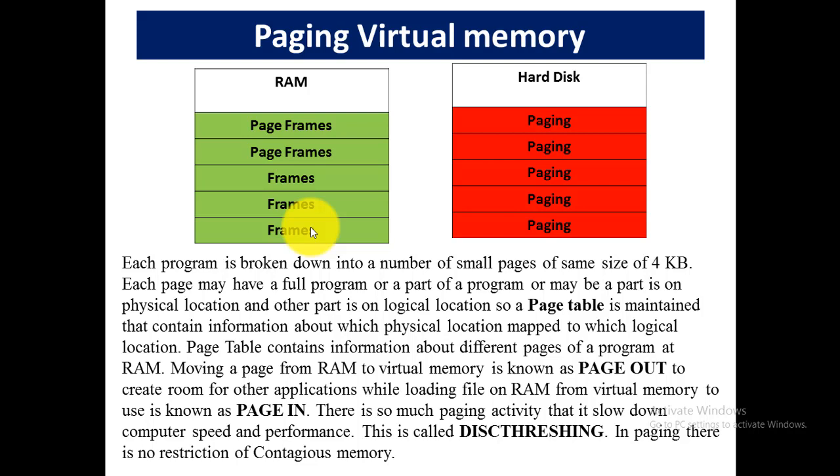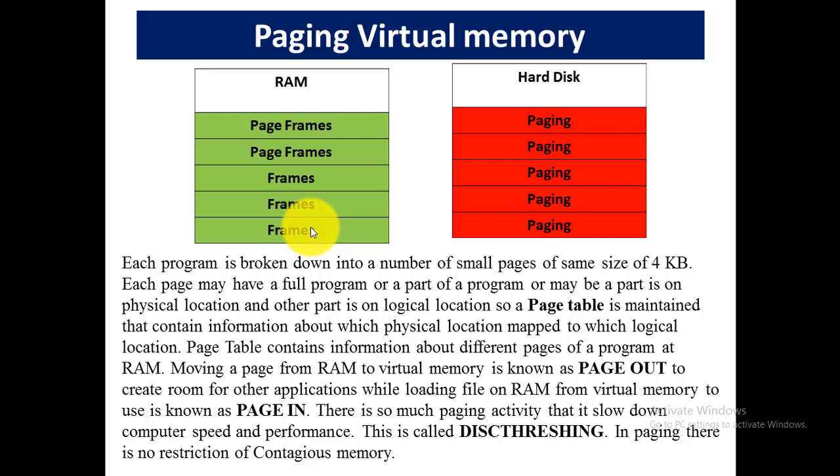on the hard disk. So moving a page from RAM to virtual memory is known as page out. Why do we do the page out? Just to create space, room for other applications. While on the other hand, loading a file into RAM from virtual memory is known as page in.